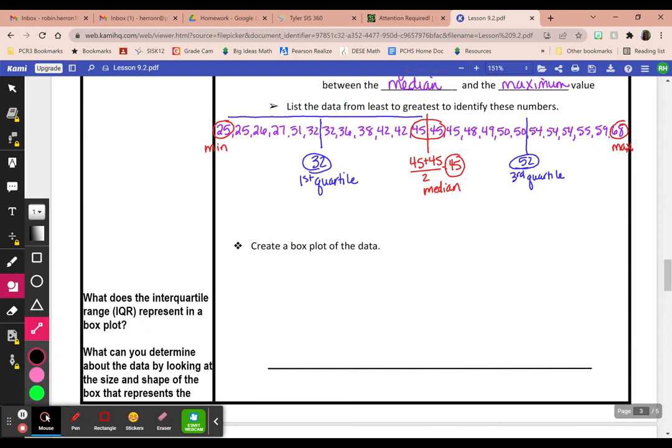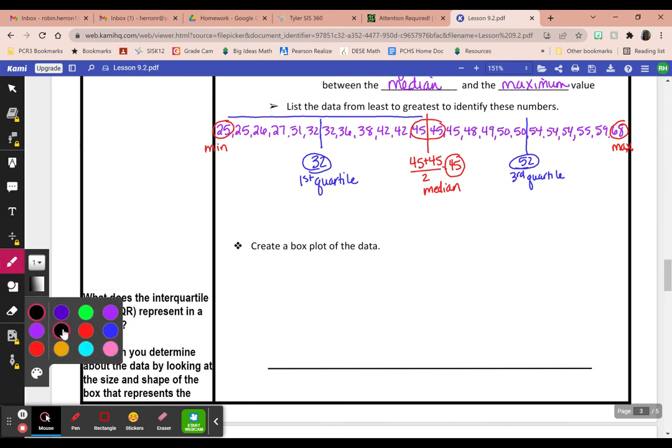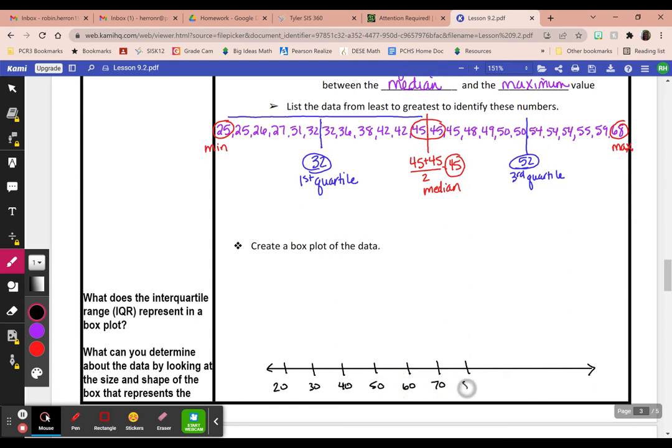Okay. So go back here, grab my black color, and we're going to have just 20, 30, 40, 50, 60, 70, 80, and we'll stop there. Okay. We could go on for a while. And I could have spaced those out more. It just makes your box plot even bigger.